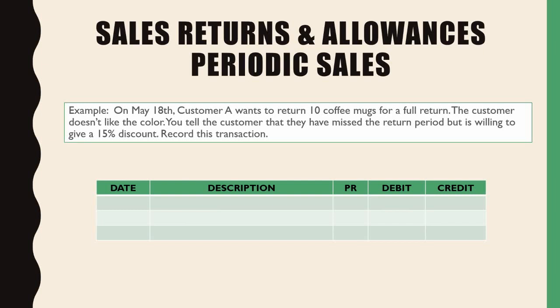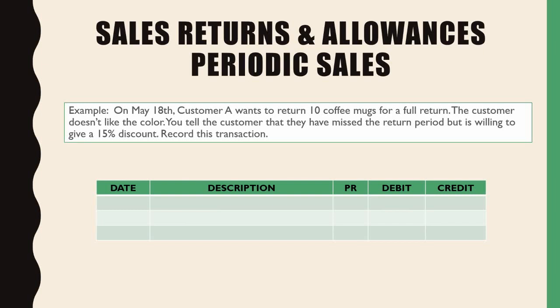So that's why an allowance is possible for small businesses, where you can give a portion of the money back to a customer. And that's where the allowance comes from.